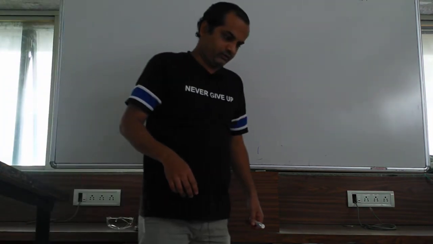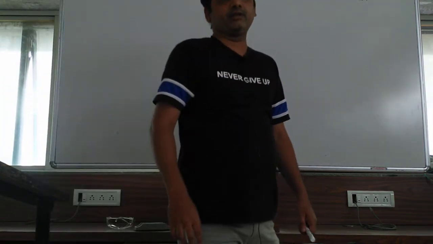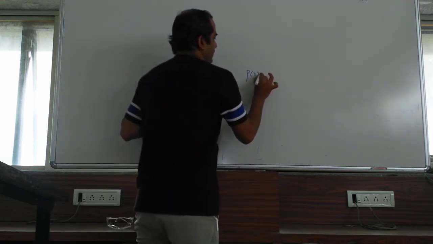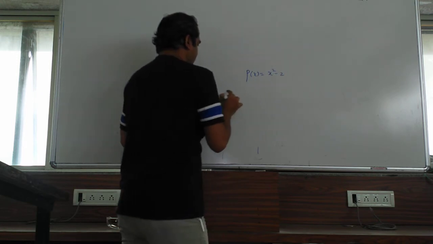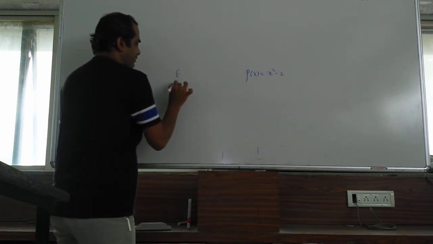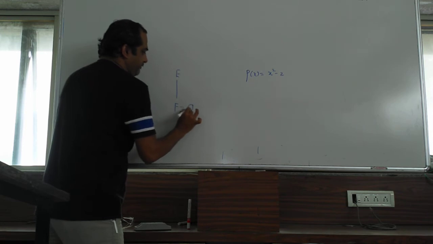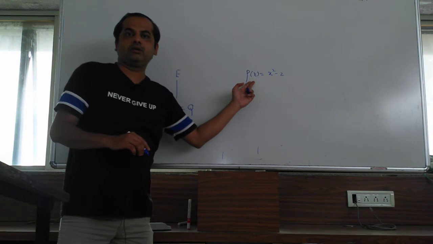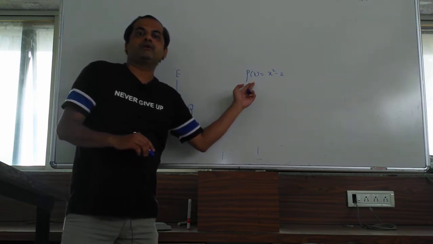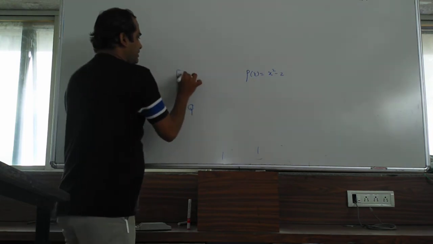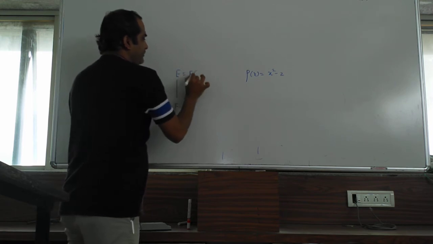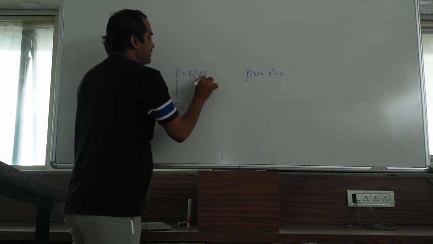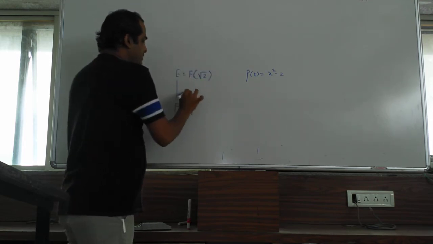Now, what will be the utmost degree of extension given the polynomial? Say for example, if you have the polynomial p(x) = x² - 2, and I am taking F to be Q. Then if you find the roots of this polynomial, they are ±√2, and I am attaching these to Q. You can have round brackets also, you can have square brackets also. Q(√2), this degree of extension is 2.